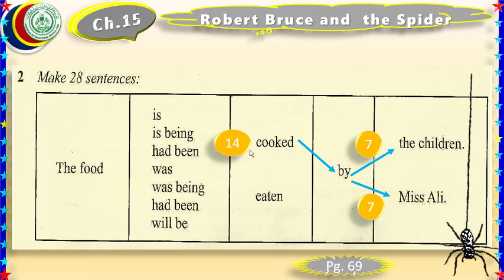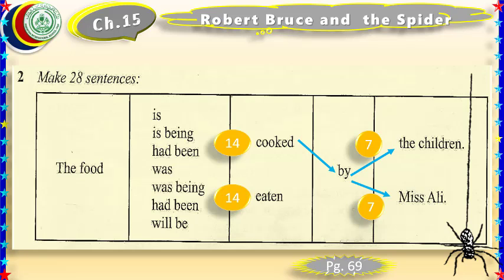Now try to understand. If we can make 14 sentences by using cooked, can we not make 14 sentences by using eaten, in the same way as we use cooked? As we used cooked here to make 14 sentences, now we shall use eaten to make 14 more sentences.